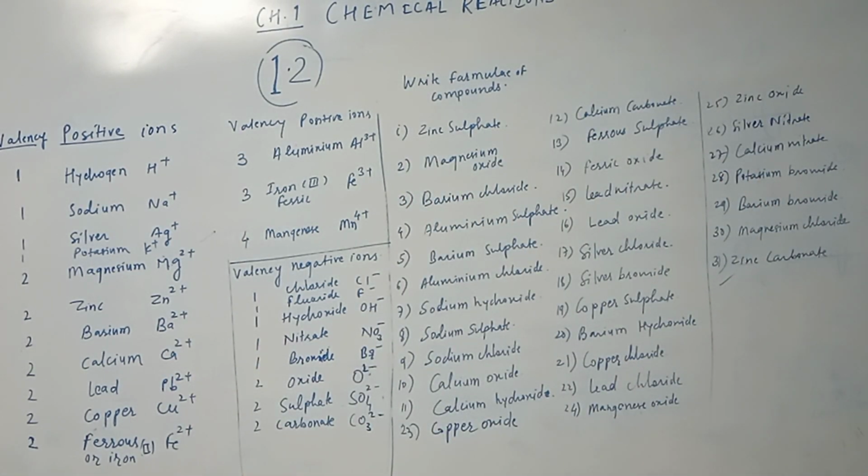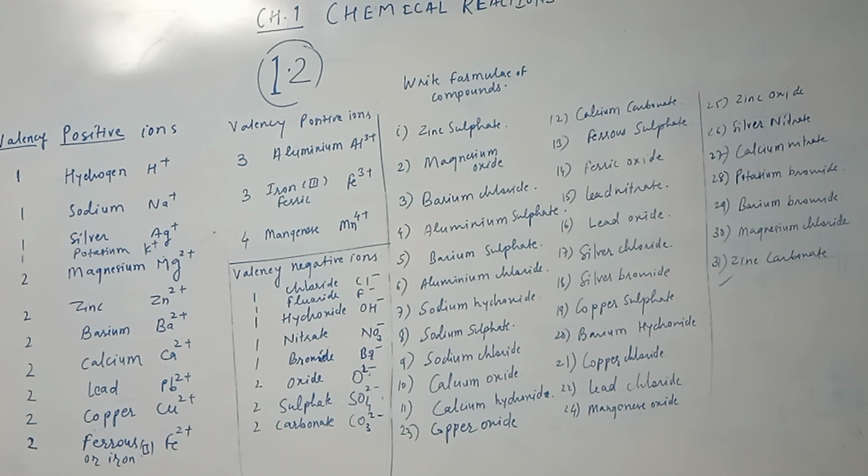Hydrogen H plus, sodium Na plus, silver Ag plus, potassium K plus, magnesium Mg2 plus, zinc Zn2 plus, barium Ba2 plus, calcium Ca2 plus, lead Pb2 plus, copper Cu2 plus, ferrous Fe2 plus, ferric Fe3 plus, aluminium Al3 plus, manganese Mn4 plus, chloride Cl minus, fluoride F minus, hydroxide OH minus, nitrate NO3 minus, bromide Br minus, oxide O2 minus, sulfate SO4 2 minus, carbonate CO3 2 minus. So these radicals are there.